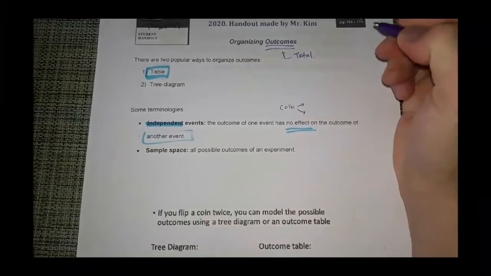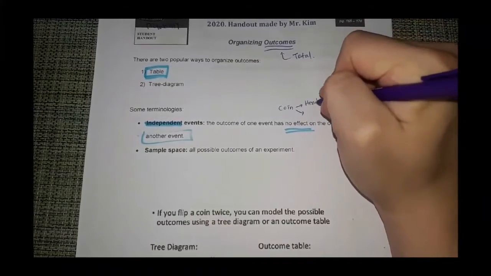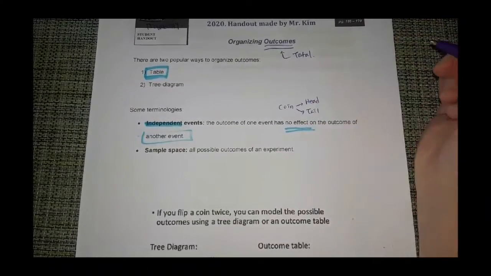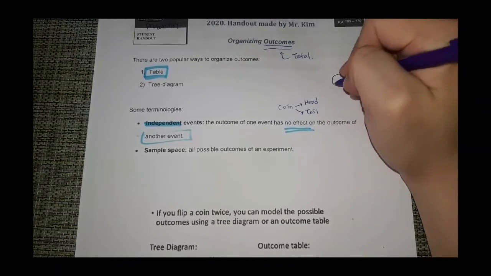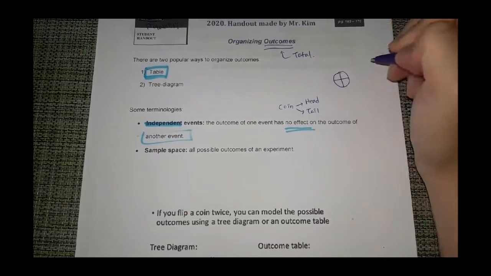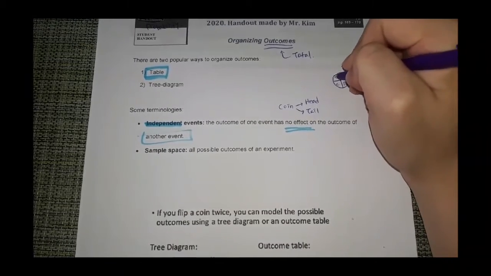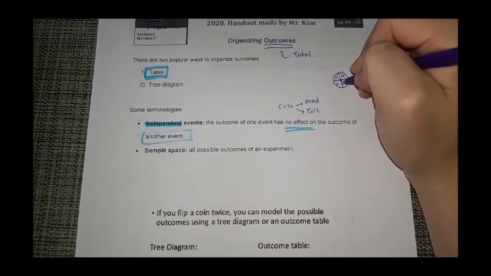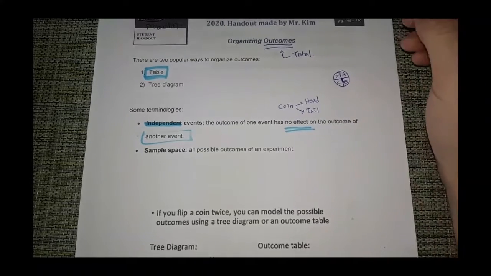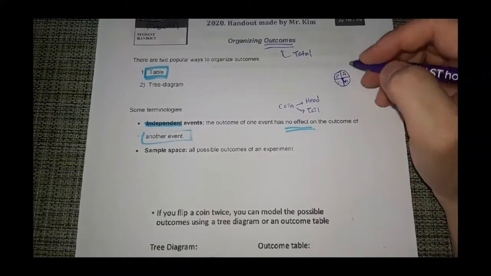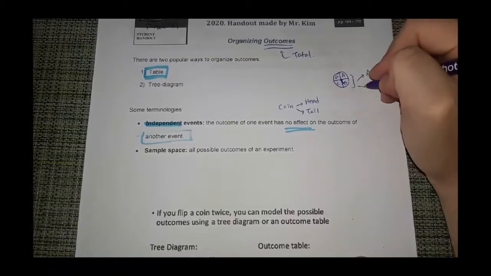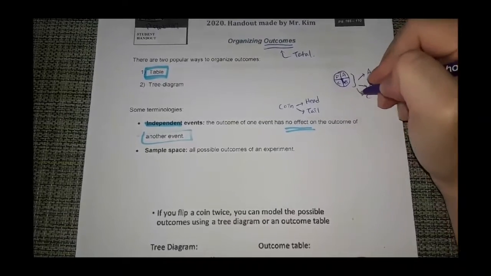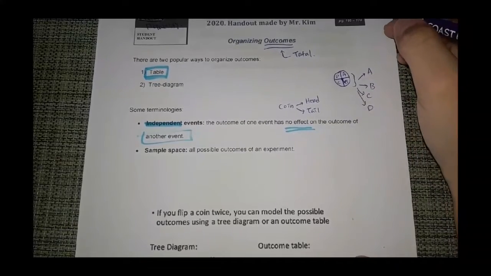A coin has two possibilities, head or tail. Now imagine a spinner with four sides that has A, B, C, D, and an arrow over here. As you may notice, the total possibility of this spinner is A, B, C, D.